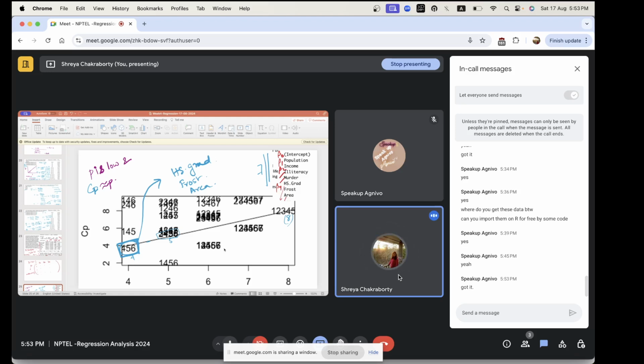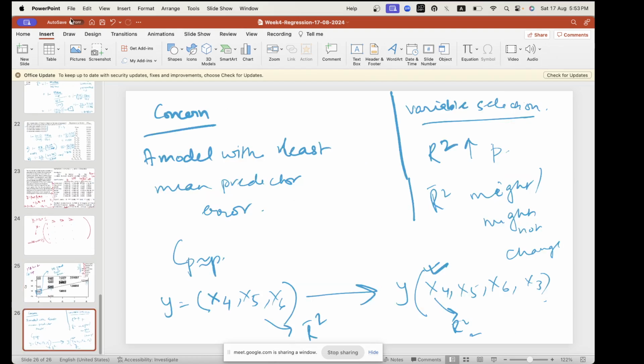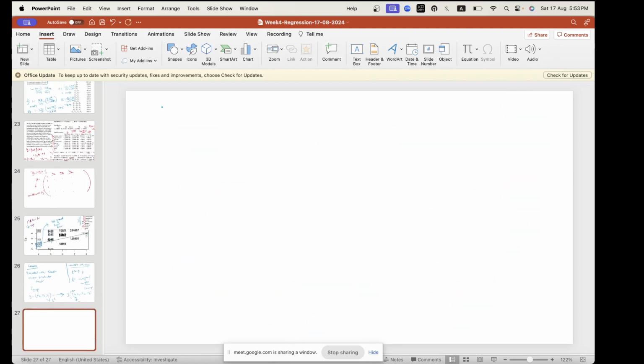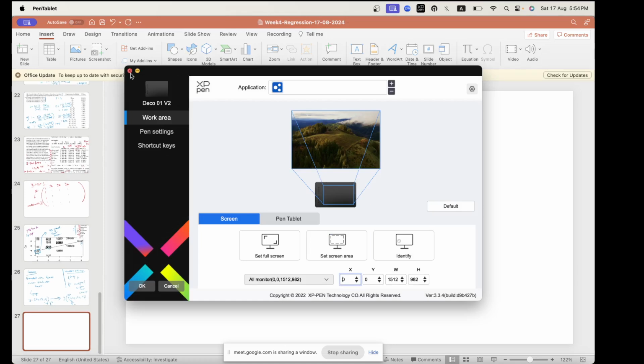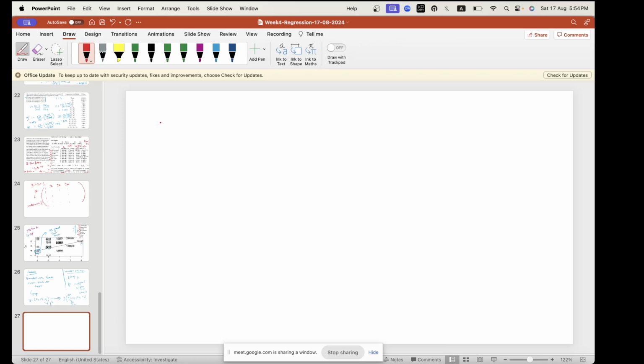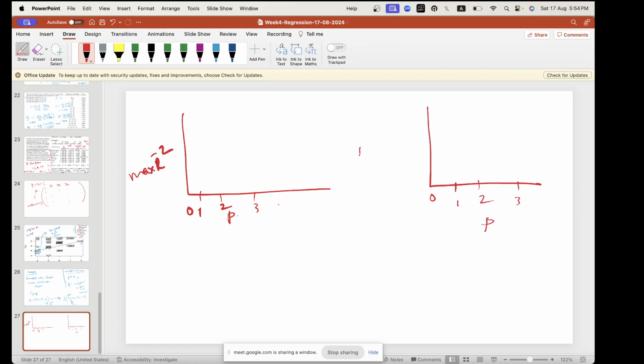So instead of this Cp equal to p graph, you could also, like sir mentioned in class, plot for each p, 0, 1, 2, 3, the maximum adjusted R square for each of the models.